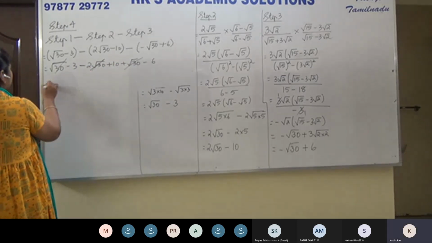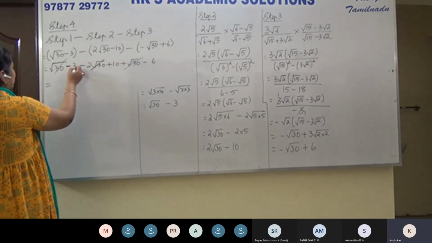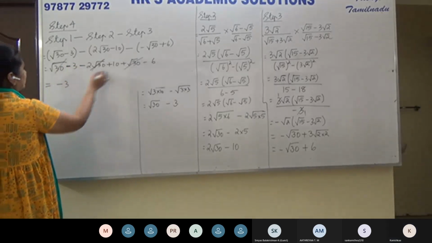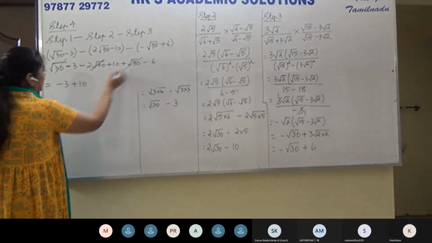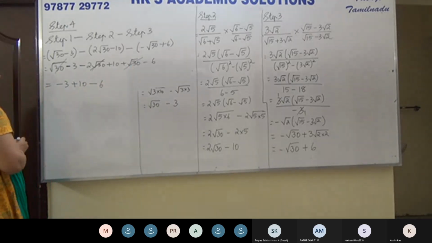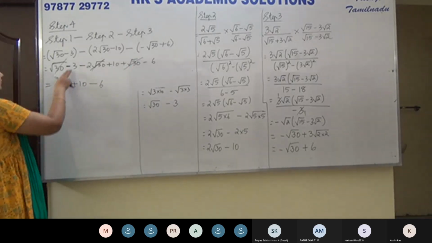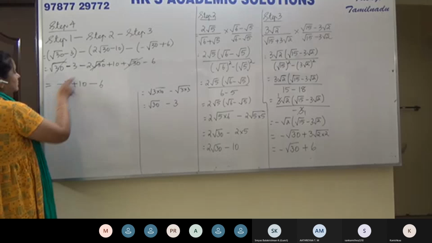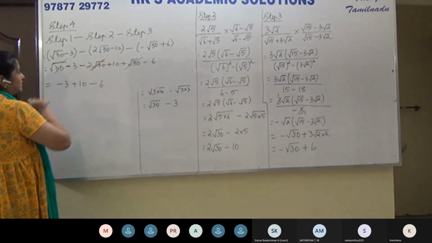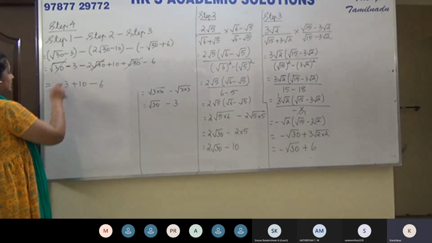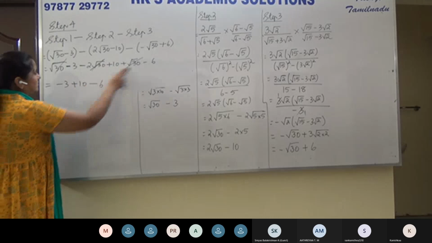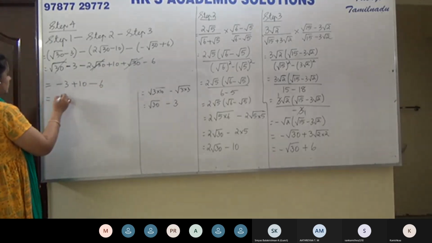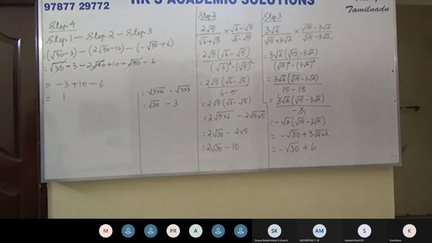We have only these numbers. Minus 3 we have. Then we have this plus 10 and we have -6. We have only -3. It's already cancelled. Minus 3 plus 10 minus 6, which is 1. Okay, ma'am.